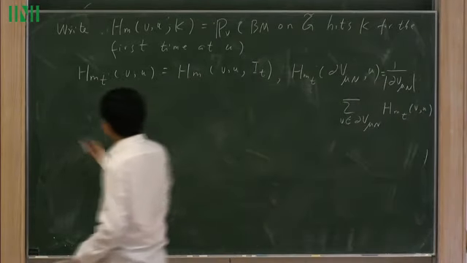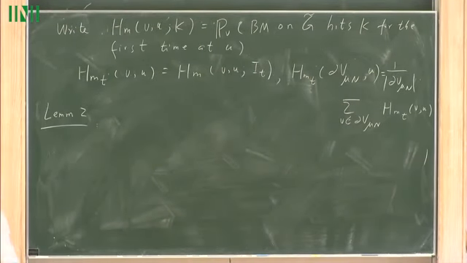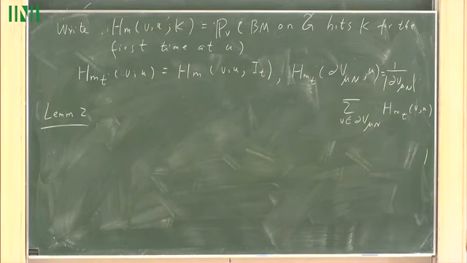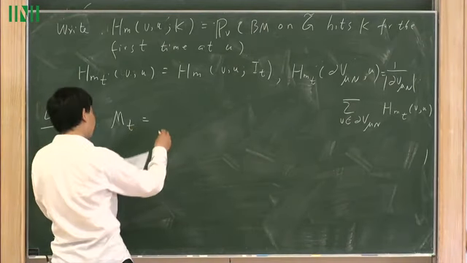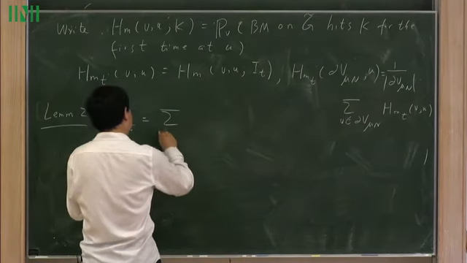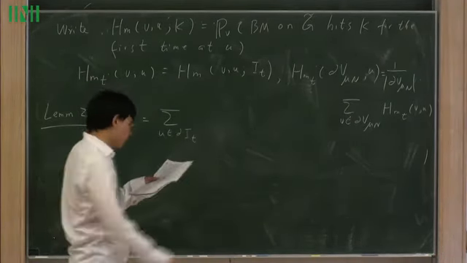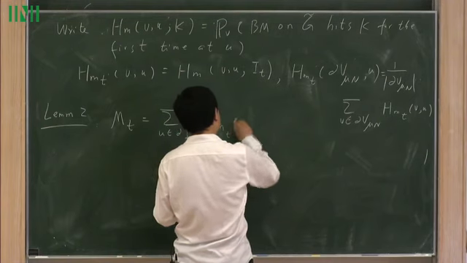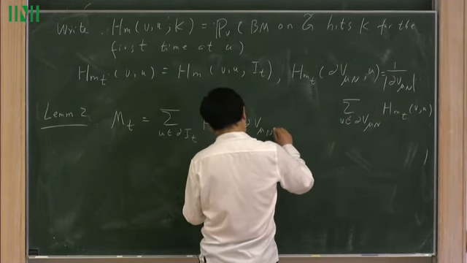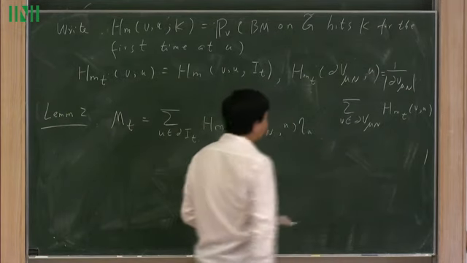With these notations, it is trivial from the harmonic extension property of the Gaussian field and also lemma 1 that M_t is just the sum over all the boundary points of I_t, of the harmonic average of eta_u.